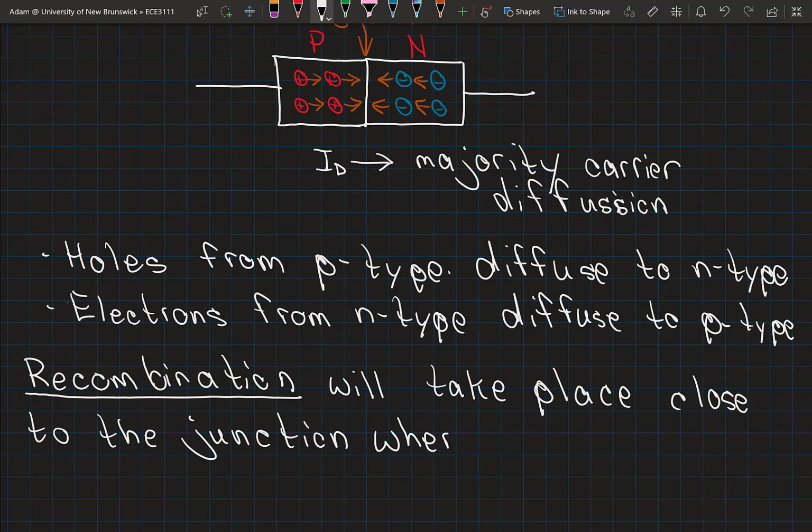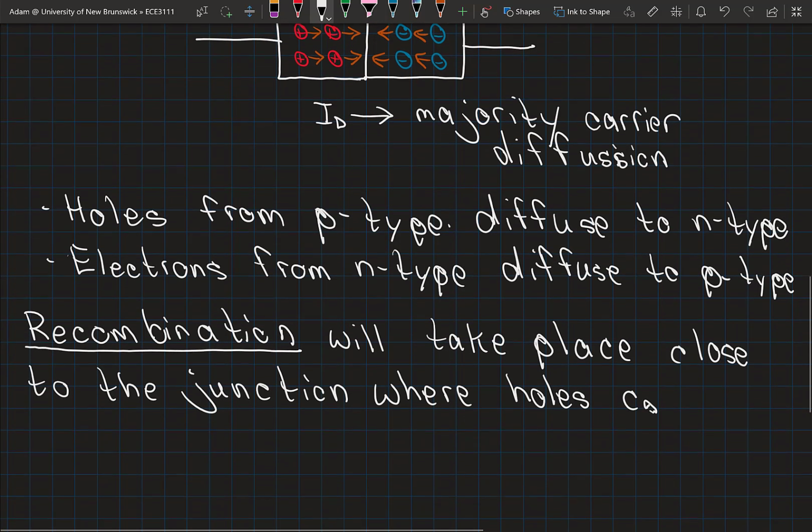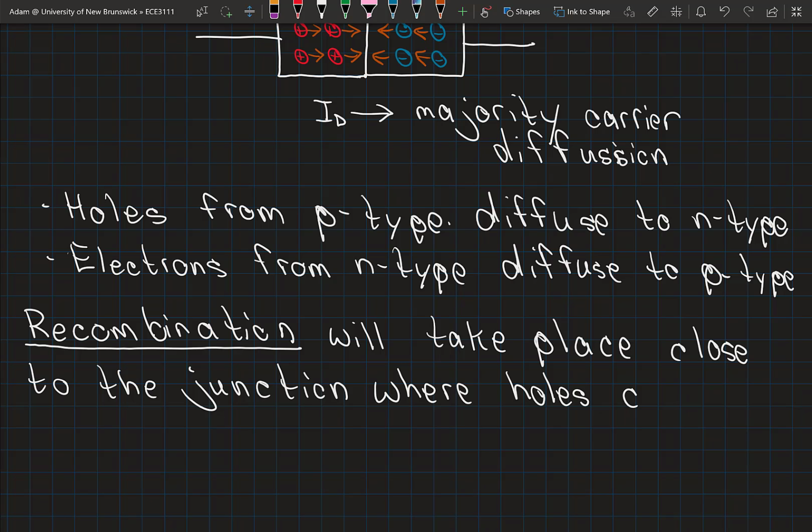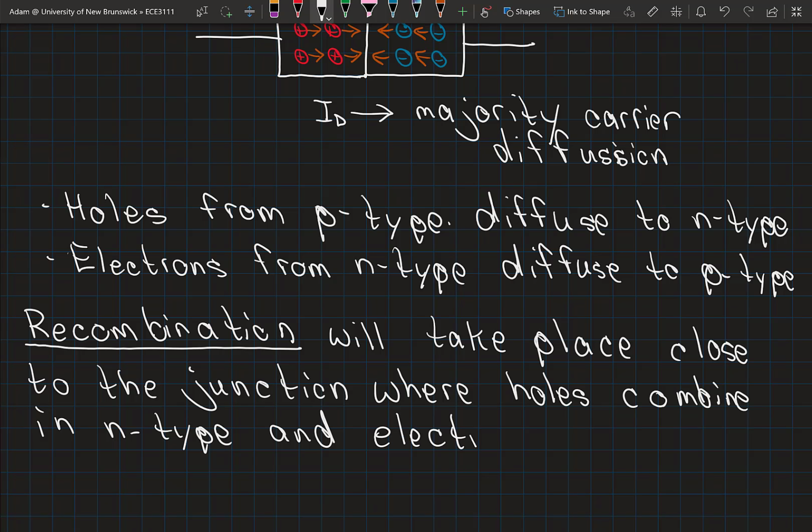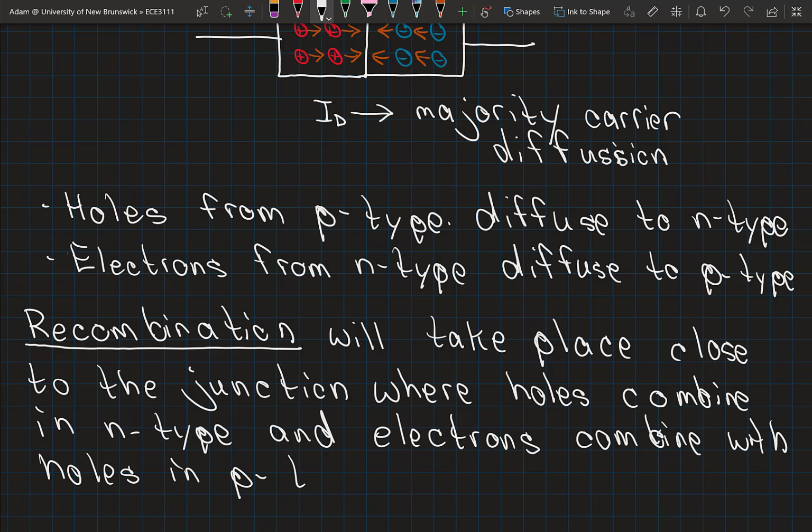Okay, and by recombination we mean that holes combine with electrons in the n-type material, and electrons combine with holes in the p-type material.